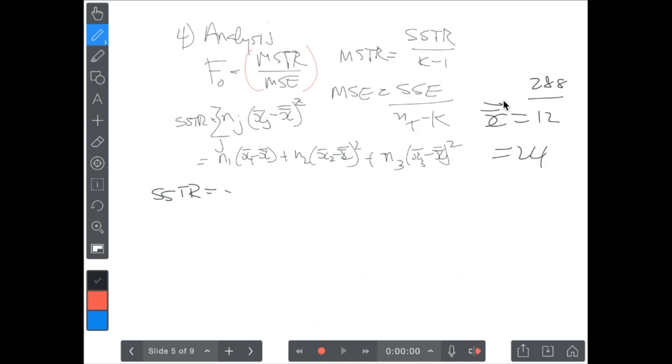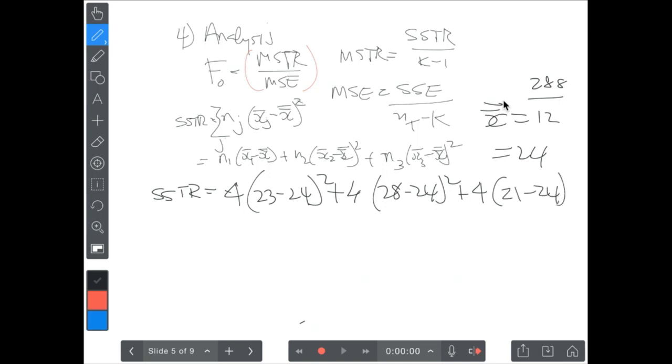So let's find SSTR. SSTR would be 4 times (x bar 1, which is 23, minus 24) squared, plus 4 times (28 minus 24) squared, plus 4 times (21 minus 24) squared. Okay.